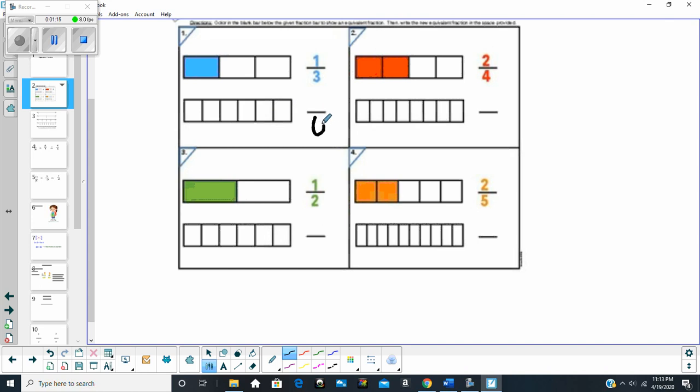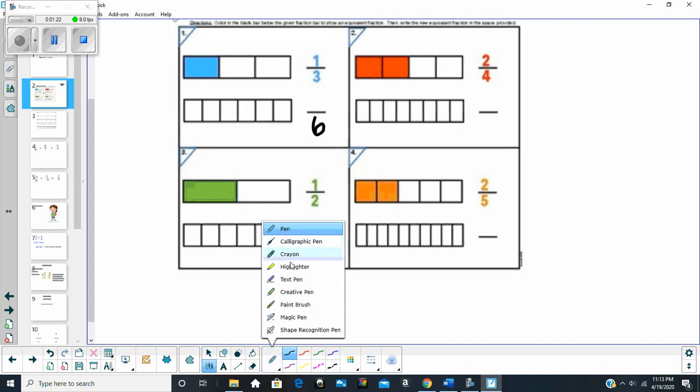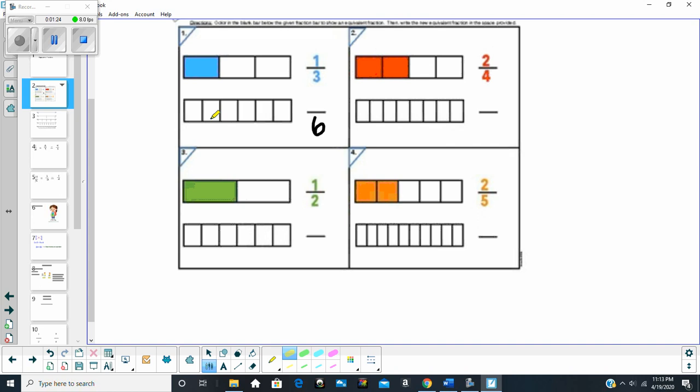So 1/3 is equal to how many sixths? In order to figure that out, we are going to shade an equal amount. So we can see that 1/3 is equal to how many sixths? Good job, you guys. 2 sixths.